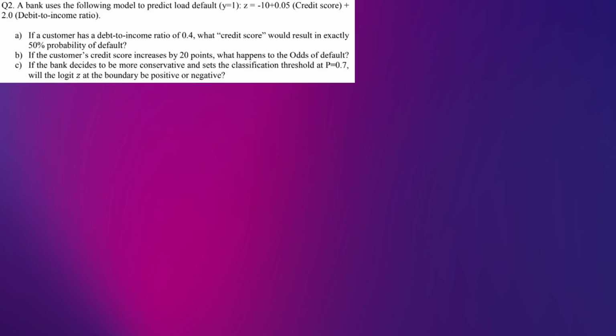A bank uses the following model to predict loan default. Loan default, this is the equation that is given to you all. Now, if a customer has a debt to income ratio of 0.4, what credit score would result in 50% probability of default?